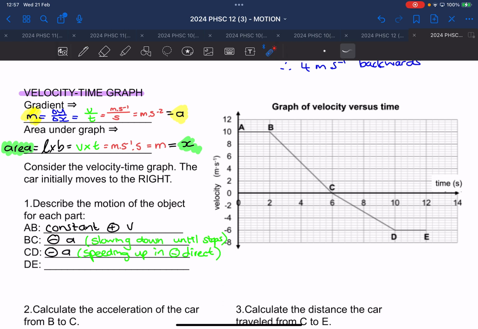And then DE means it's constant negative velocity. It's not coming to a stop. It's not slowing down. It's just constantly going backwards.